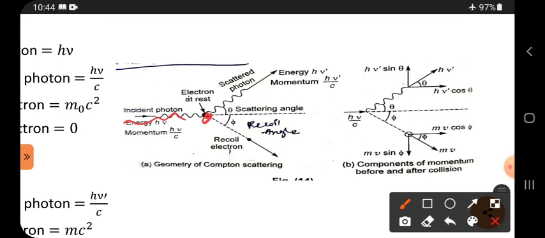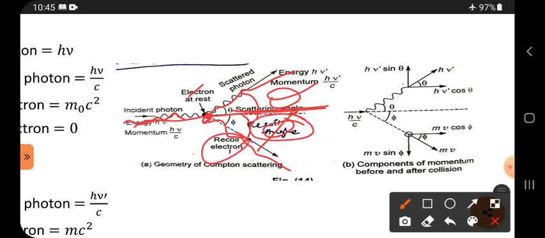When it collides, the photon may move in this direction and the electron in this direction. The angle the photon makes with the incident direction is called theta, the scattering angle, and the angle the electron makes with the incident direction is denoted by phi, and phi is called the recoiling angle.